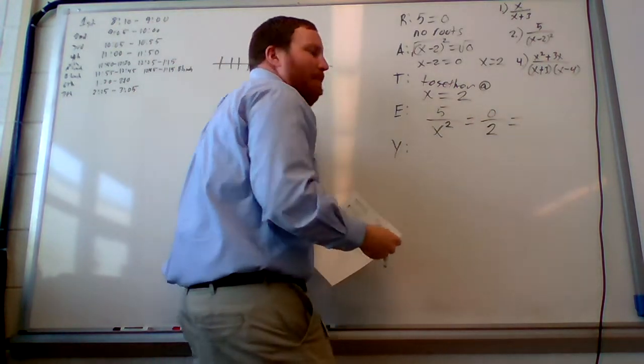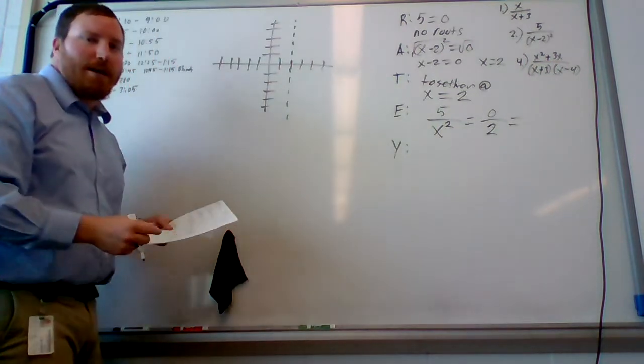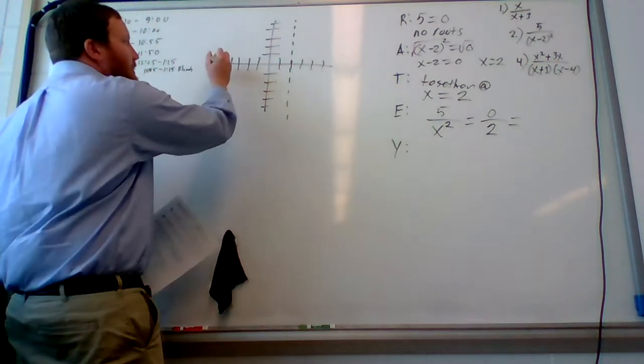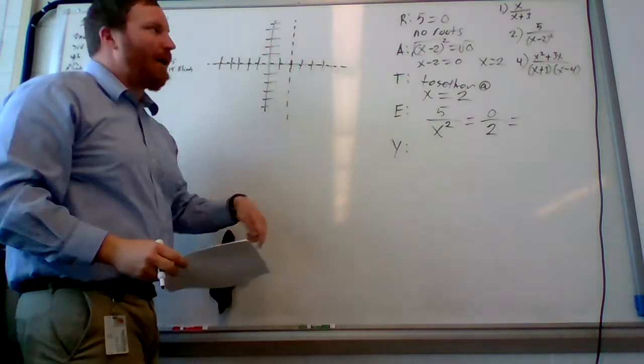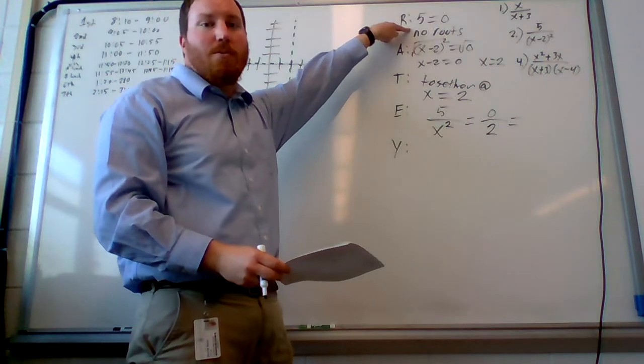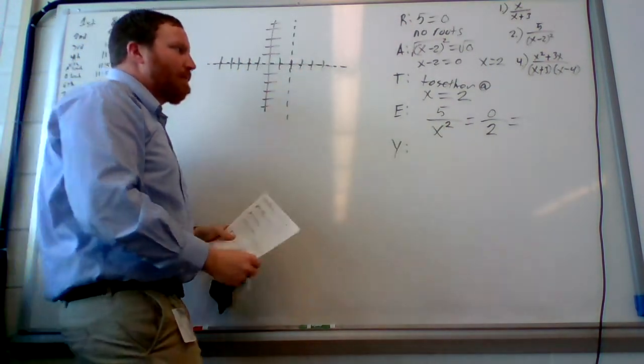So that means we are bottom heavy on this one. If we are bottom heavy, we're going to have a horizontal asymptote at y equals 0. So that is our x-axis, which also explains why we have no roots, because we're not crossing the x-axis anywhere because of that horizontal asymptote.